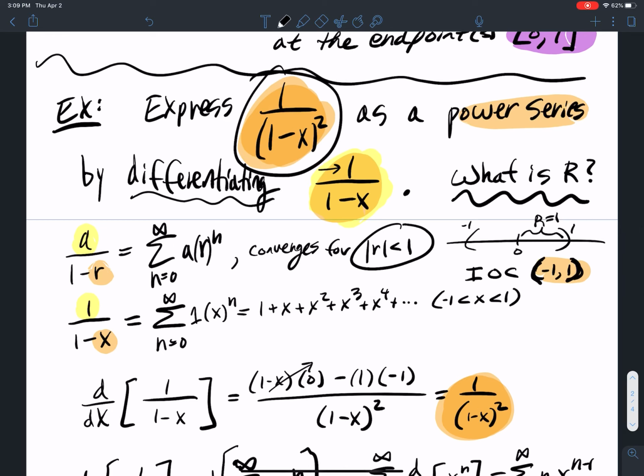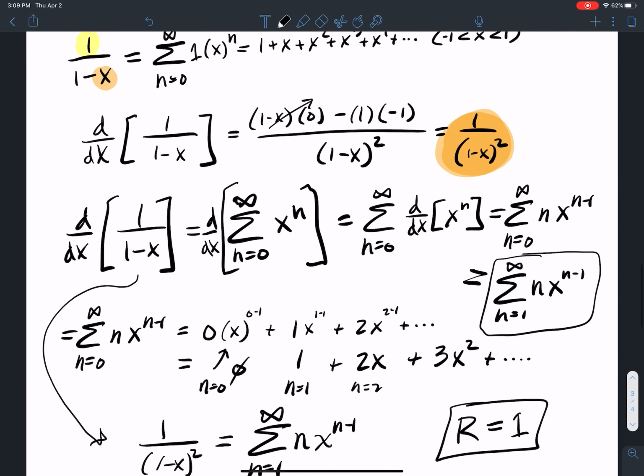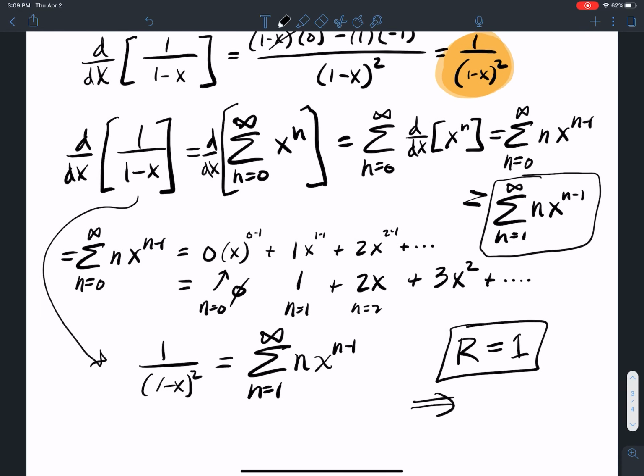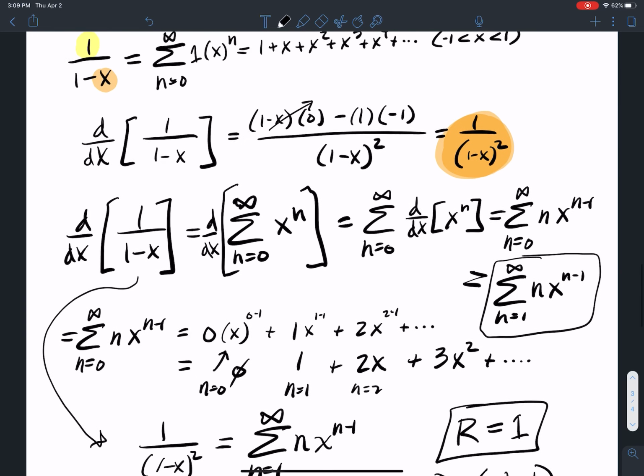So can I lose anything? No. So by logic, I already know, and you can run through this and check yourself, that the interval of convergence is negative 1 to positive 1, okay? So kind of an interesting thing going on there. So you've got to be careful with that.